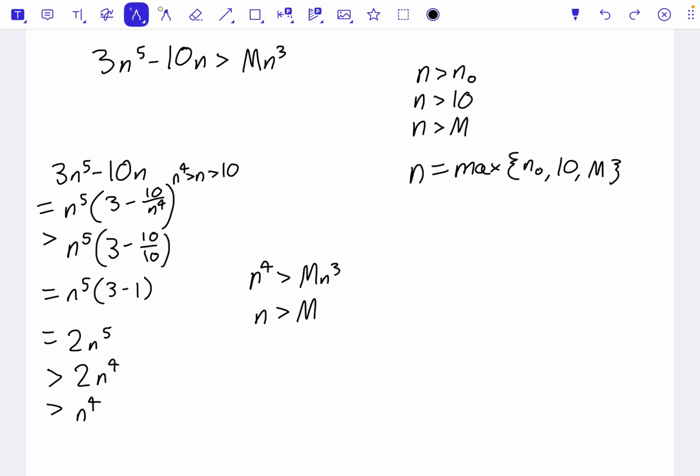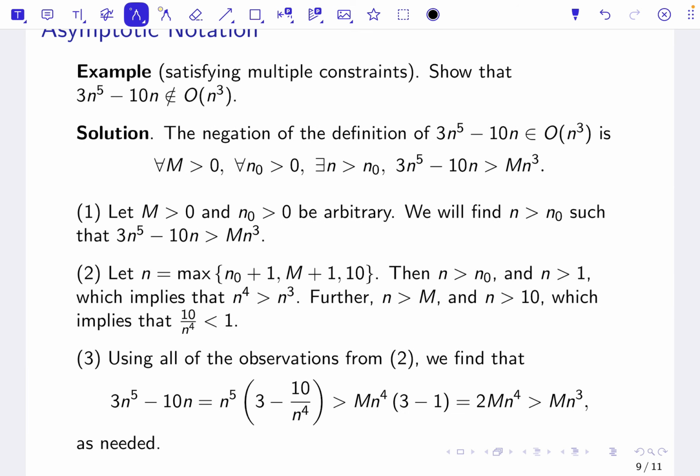We're not going to worry about it because I have a more elegant way to guarantee it. You just add 1. So it's going to be greater than or equal to all 3 of those, and then you add 1, you get n being strictly greater than all of the constraint values we found. Wow.